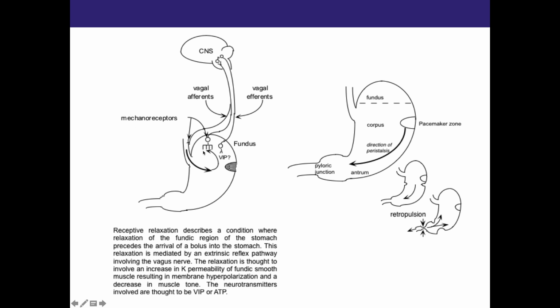They send a signal via the vagal afferents to the central nervous system and back through the vagal efferents, which then causes the fundus to relax, to allow and accommodate more food. It's basically an anticipatory relaxation to accommodate more food that's coming down the esophagus.